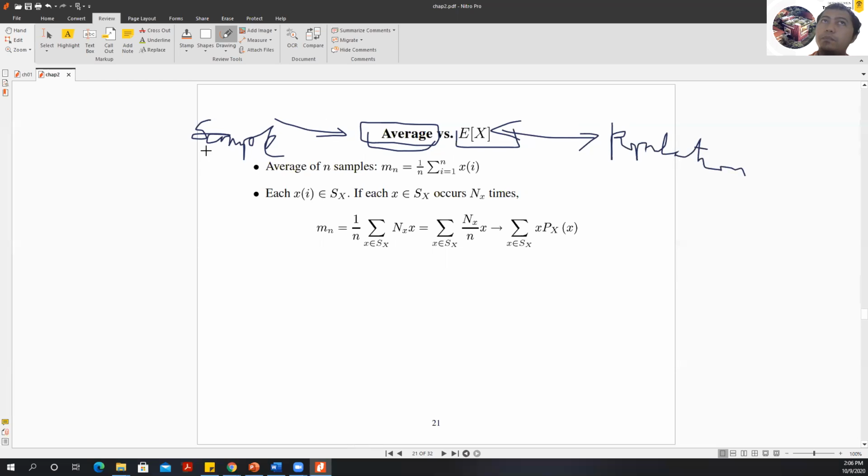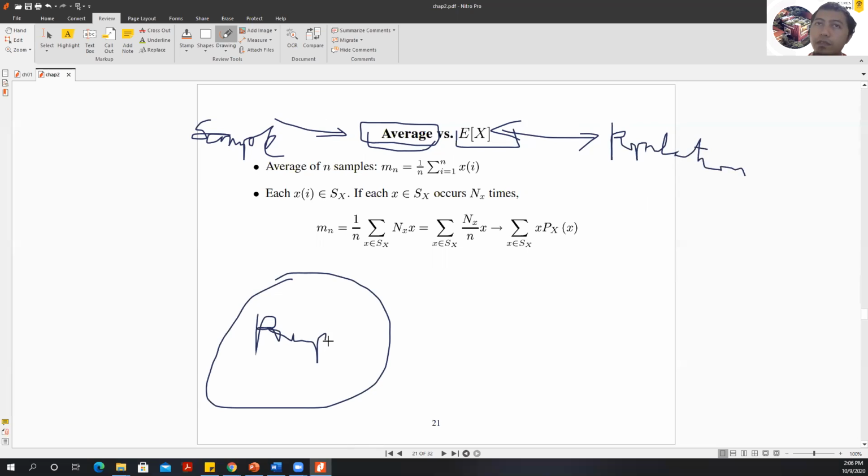You remember what population and sample are? The population is the real set of the random variable's distribution. When we pick some points, we have a sample, a smaller version of the population.